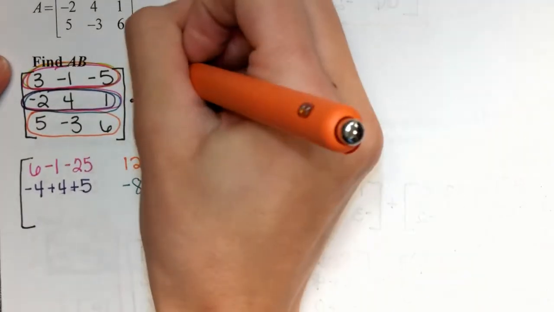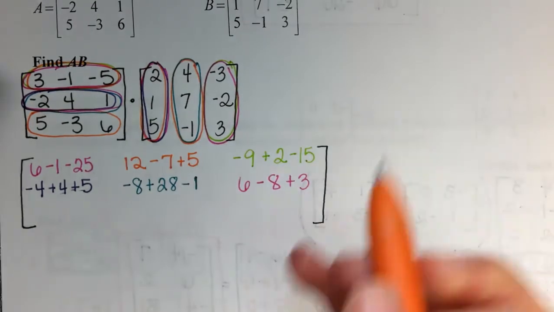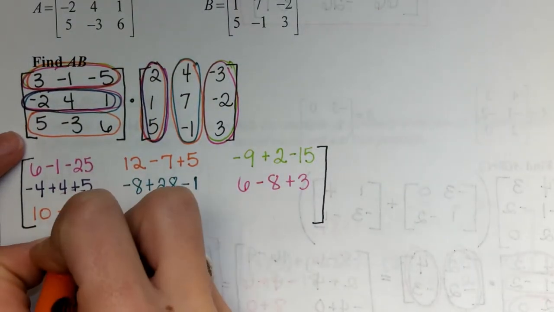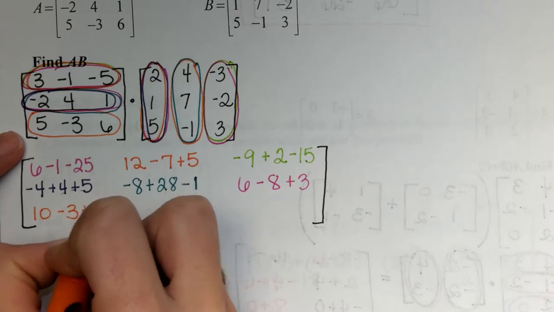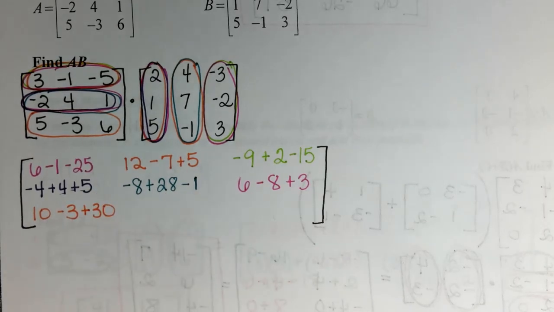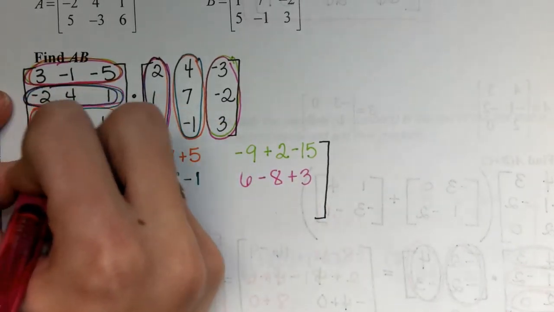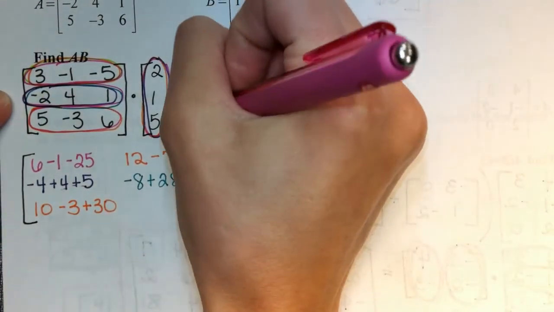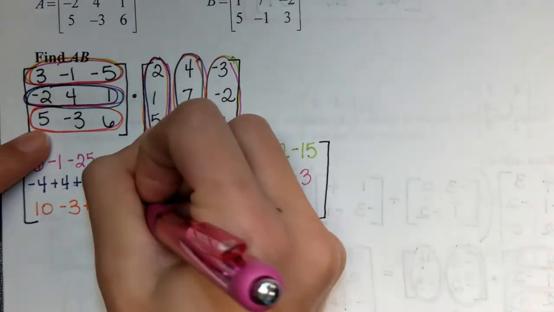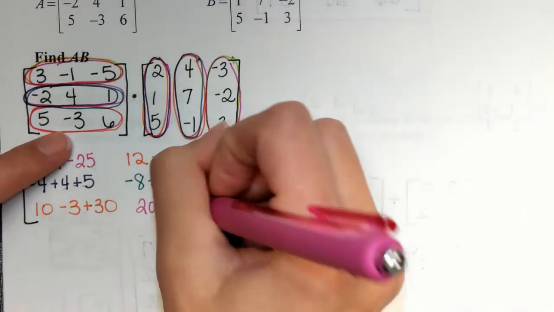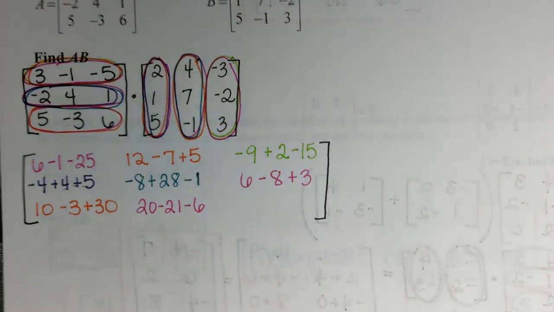Last row, first column. Yes. Last row, second column. There you go, you redeemed yourself. All right.